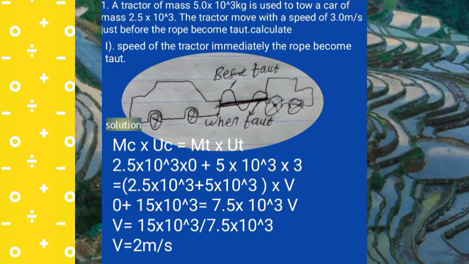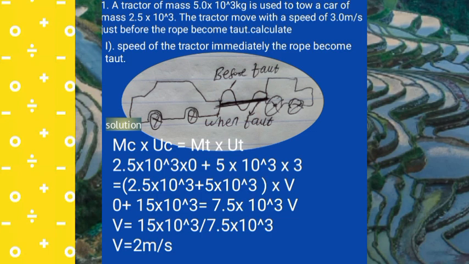That is it. So using our law of conservation of momentum, which says momentum before collision equals momentum after collision, that is m of car times u of car plus m of tractor times u of tractor equals m of tractor times the final velocity of tractor plus m of car times the final velocity of car.